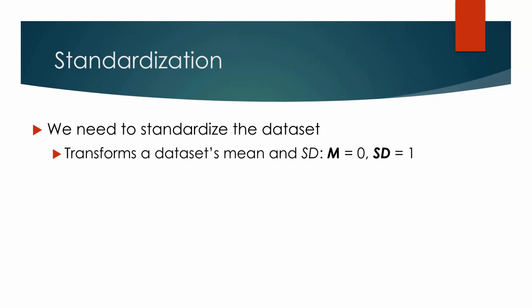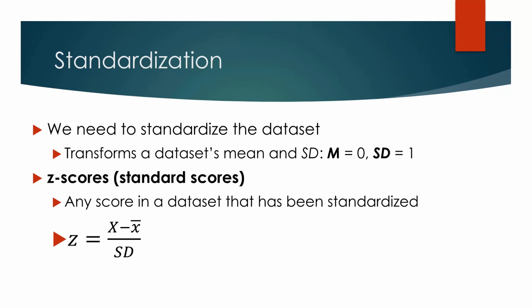So we're taking the data set from its original numbers and converting it to a new format, one in which the mean of the data set is 0 and the standard deviation equals 1.